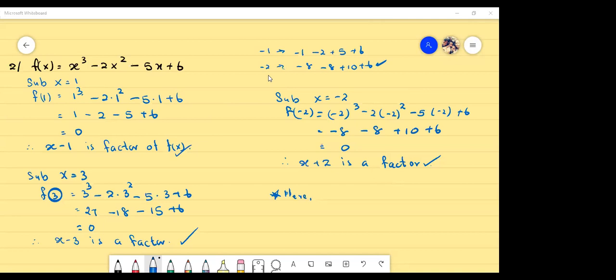Then we can divide the function by that factor using long division.